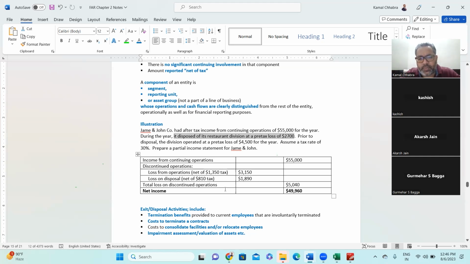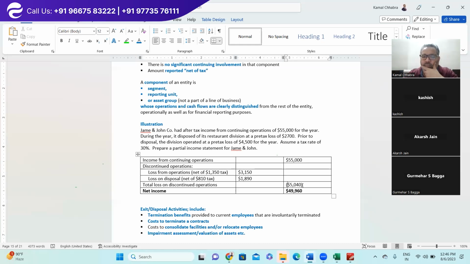So total loss from discontinuing operation is 5,040. Right? So income from continuing operation minus this. Where will 810 come from? 810 is 30% of 2,700. Right? Yes.